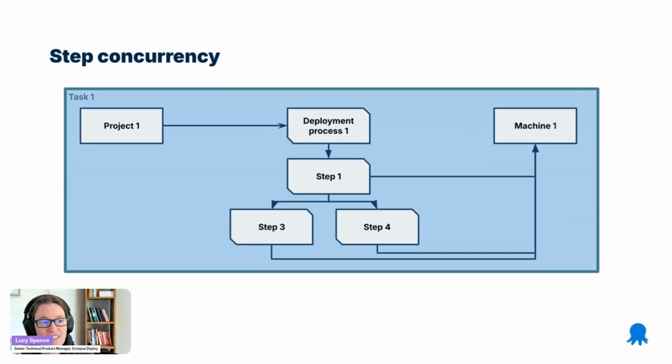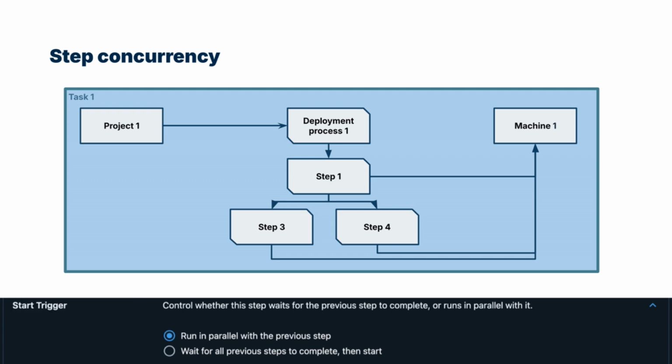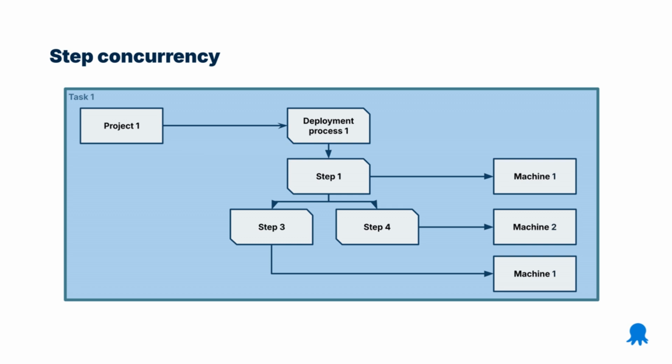Now, we can also do steps in parallel. This is a general configuration option on all steps. You can say run in parallel with the previous step. Again, in this situation, if you wanted those parallel steps to target the same machine, you need that mutex bypass to ensure that happens. However, if you're targeting different machines, that's okay to go ahead and do that.